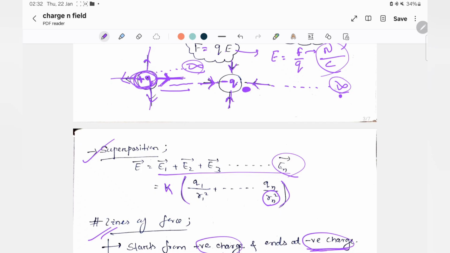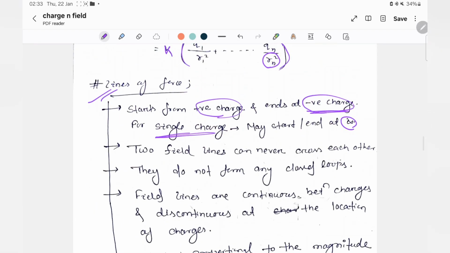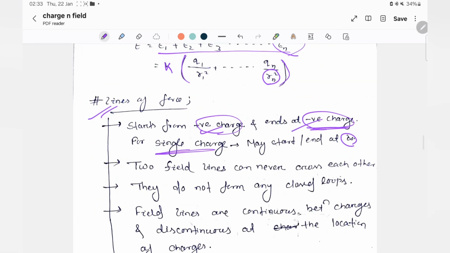In the case of a negative point charge, it can start from infinity, and in the case of a positive charge, it can end at infinity. Here the lines of force start from positive and end at negative. This is the positive charge, this is the negative charge. It can start and end here.